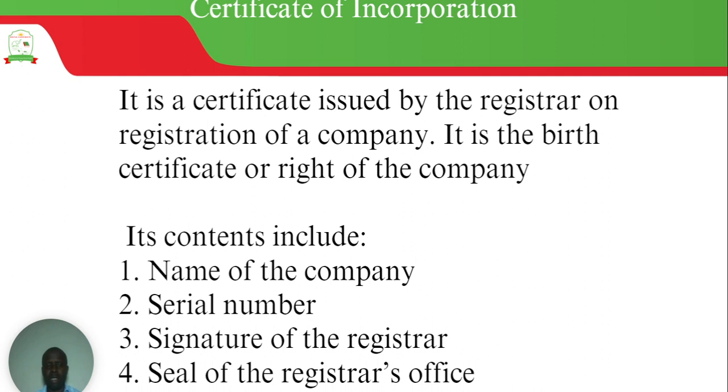All these are signs to show that the document you have is a valid certificate of incorporation. Most institutions are required to display this in their offices as evidence that you have been incorporated and you have been given the license to operate.